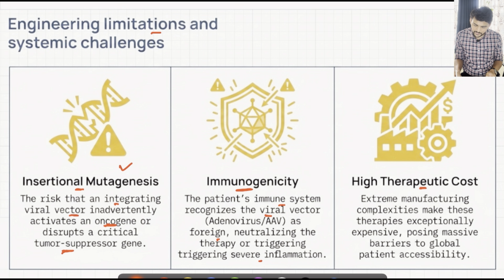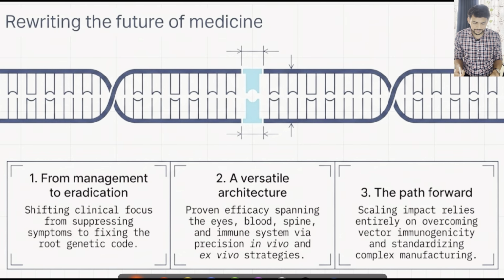But still, so much research is going on in this aspect because it can rewrite the future of medicine. For example, from management to eradication, shifting clinical focus from suppressing symptoms to fixing the root genetic cause. And the versatile architecture of this modality of treatment in numerous disorders ranging from ocular, blood related disorders, spine and immune system related disorders.